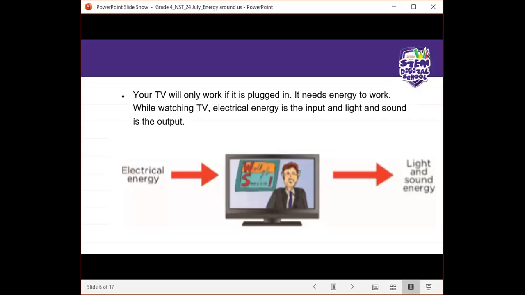The light and sound become our output energy. Guys, you should understand the input as well as the output energy, the difference between the two. So here we have our electrical energy, which turns to light and sound: the moving pictures that we see as well as the sound that comes off.